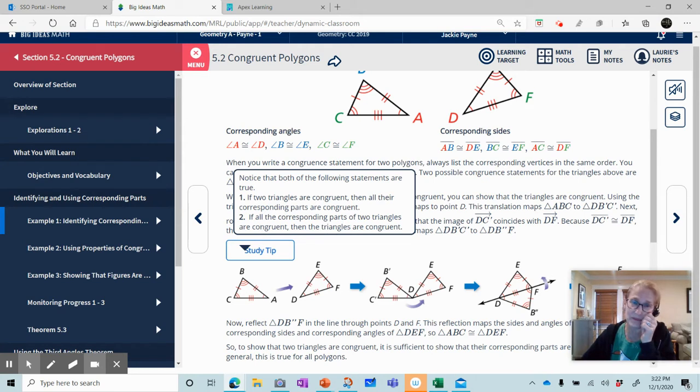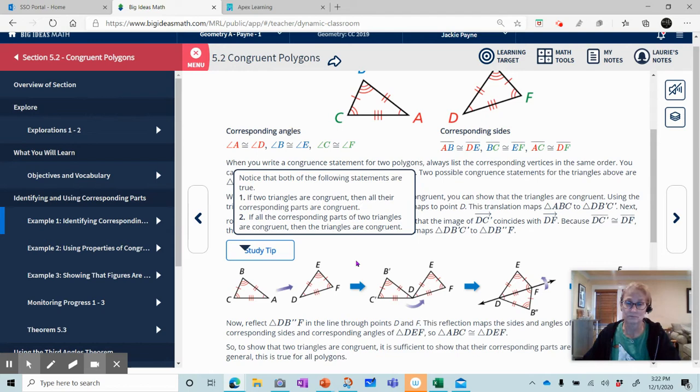Small study tip here. If two triangles are congruent, then all their corresponding parts are congruent. There's 6 parts to a triangle, 3 sides and 3 angles. All 6 parts are congruent. And then if the corresponding parts of 2 triangles are congruent, then the triangles are congruent.